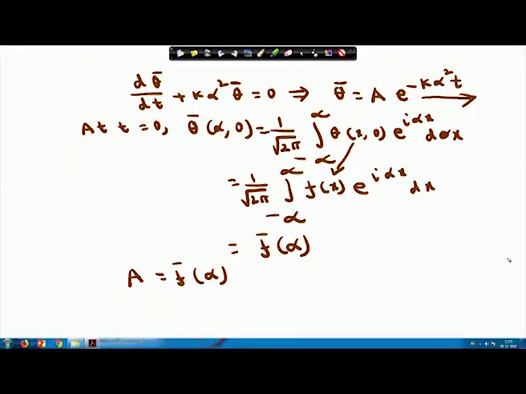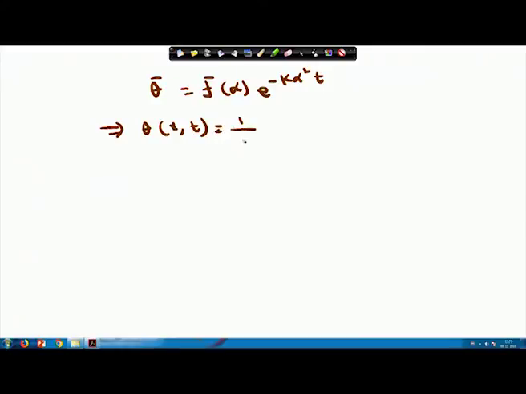So, once I obtain my a as f bar alpha, I can write down theta bar equals f bar alpha into e power minus k alpha square t. So, from here you can write down theta x t using the inverse Fourier transform.